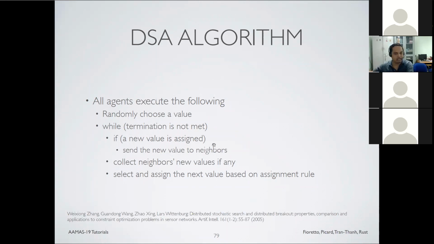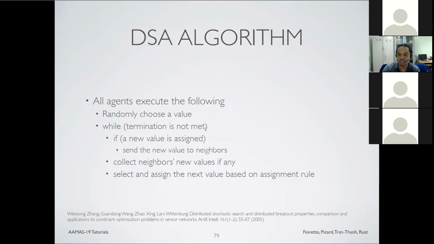They will calculate the cost. In the next iteration, they will choose a separate color. Again, they will find out the utilities. Again, in the next iteration, they will put a different color and find out the utilities. So there is no guarantee which iteration will give you the maximum value. It can even fluctuate.